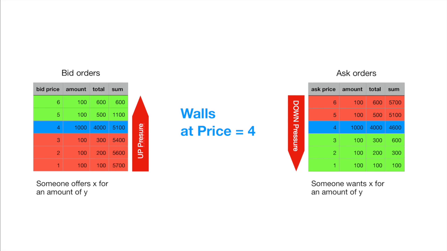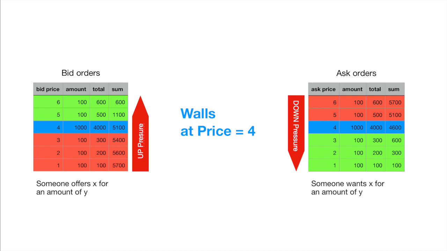On the bid order side, it's the same thing, just the other way around. Let's assume we have a buy order at 4, about the amount of 1,000 items, same as in the sell wall. So if you urgently want to buy something, then you need to put a higher price than the buy wall.